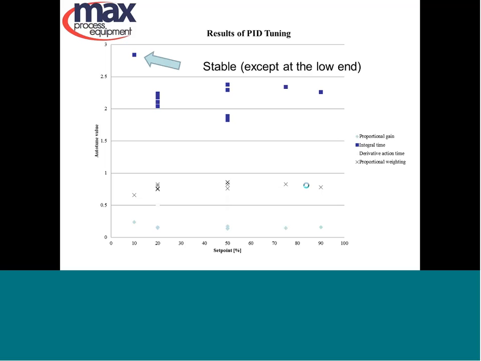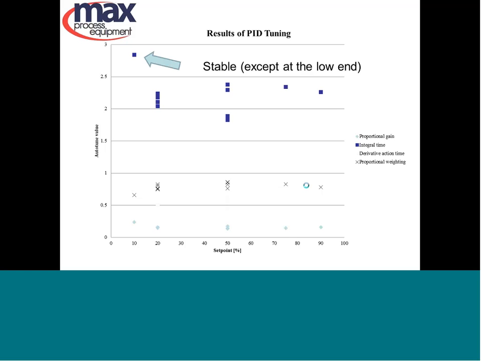So it's probably pretty good parameters, good performance across the range, except maybe at the lowest end of the range. And if you think about it, this was closed loop control with a pump and a flow meter. When you slow the pumps down, you have very little flow going through the system. It is more difficult to control.